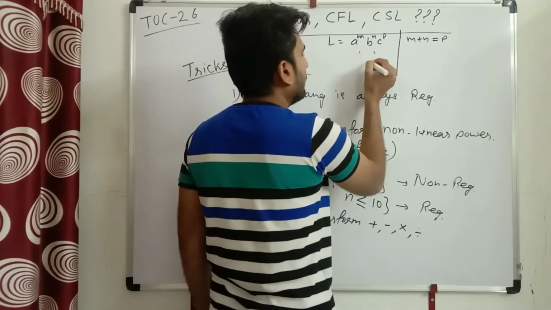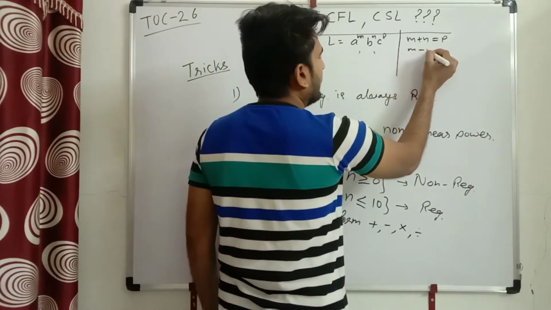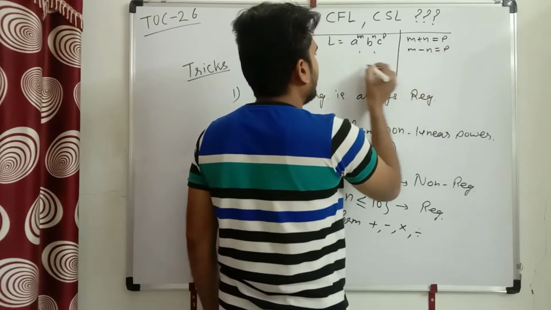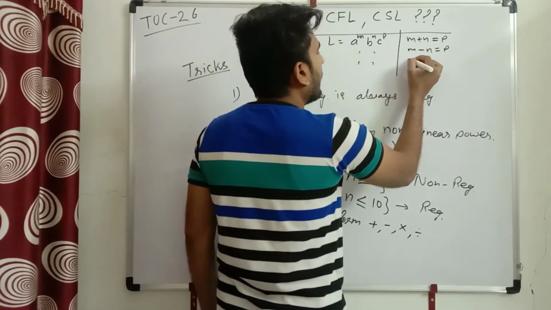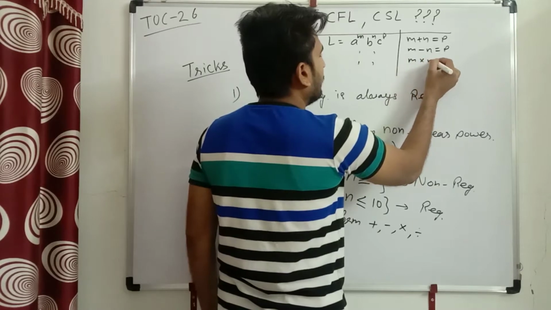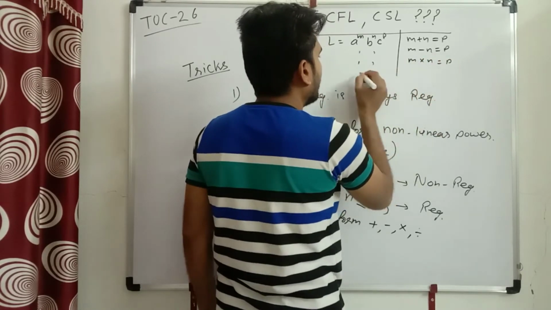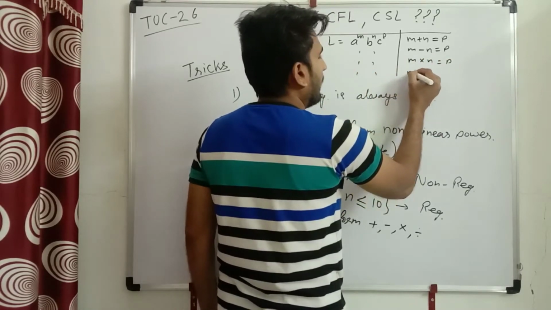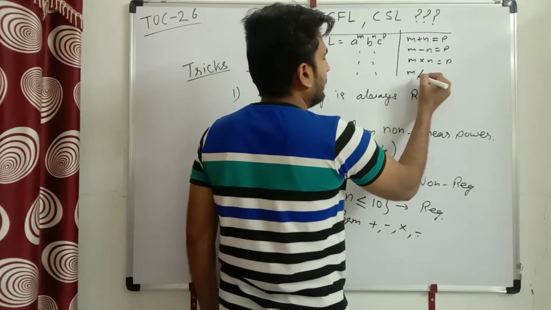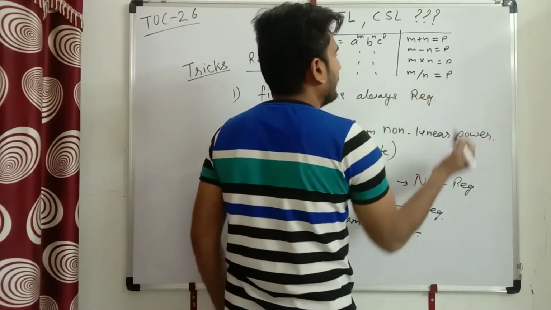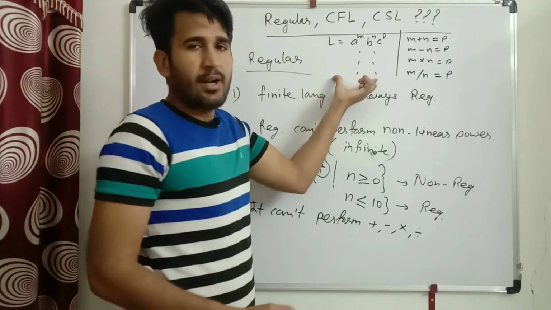Second, m minus n is equal to p. Third, m multiply n is equal to p. Fourth, m divide n is equal to p. These are the 4 examples.